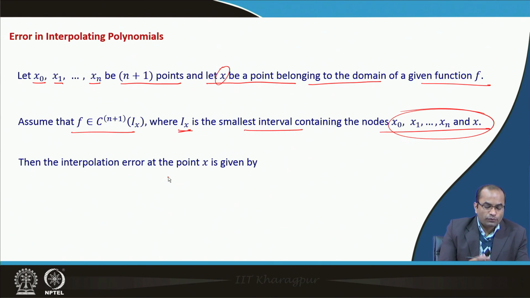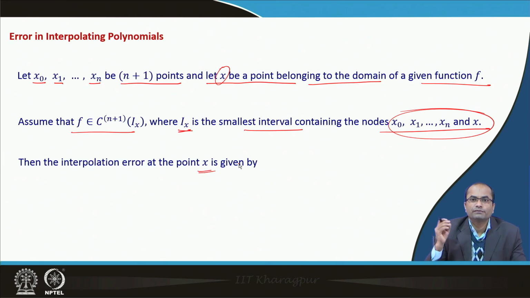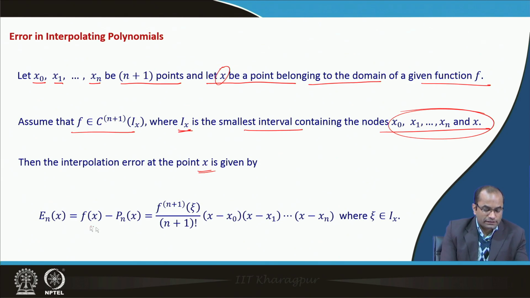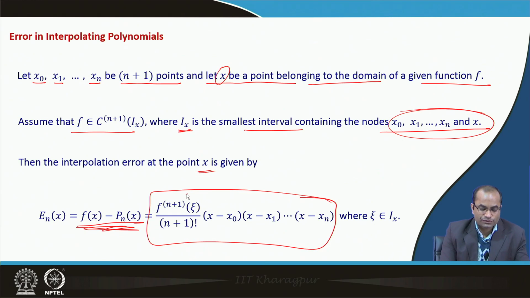So, then the interpolation error at the point x. Because we are talking about the polynomial and the function which has its domain, at any point x, the difference between the function and the polynomial, f(x) minus p_n(x), one can compute by this formula here, which has the (n+1)th order derivative.